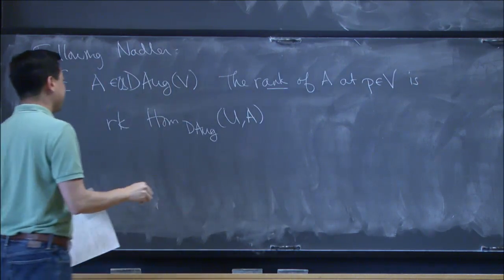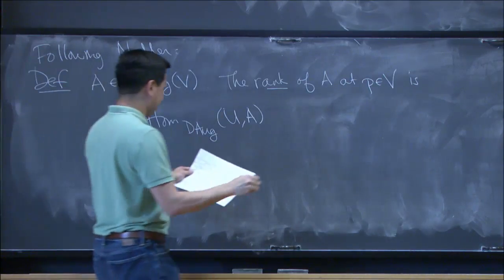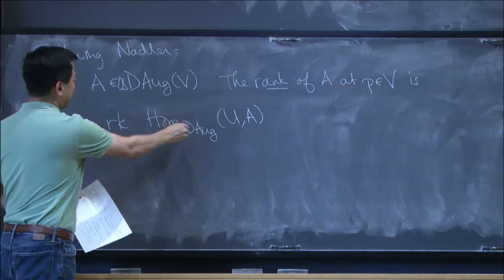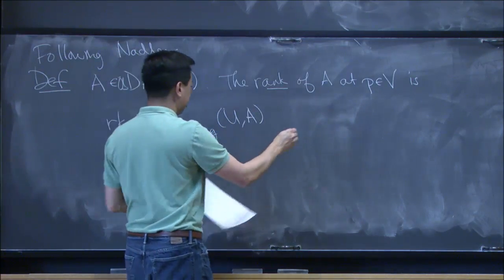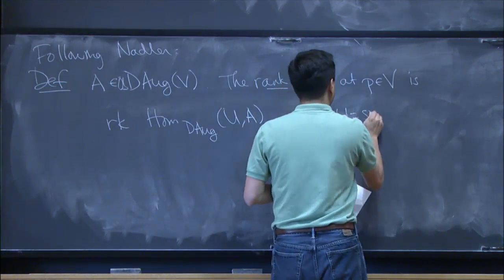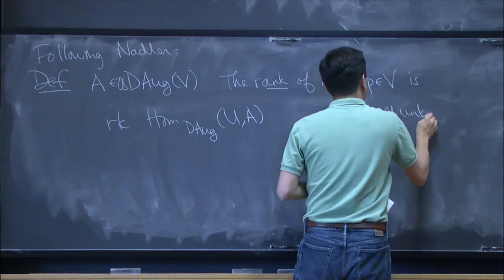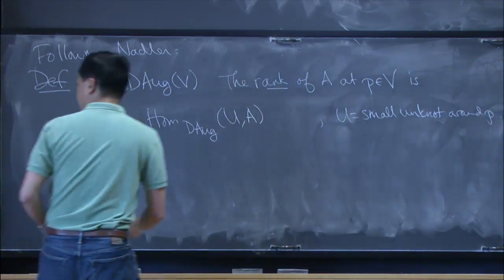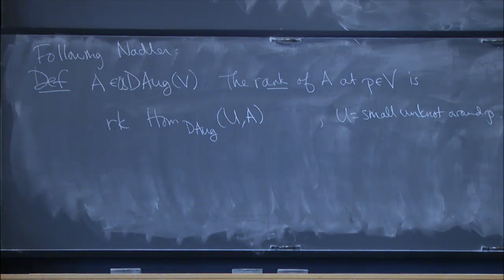This is probably going to be completely baffling, or at least it is to me. It's the rank of the hom space in this derived category from U to A, where U is a small unknot around P.